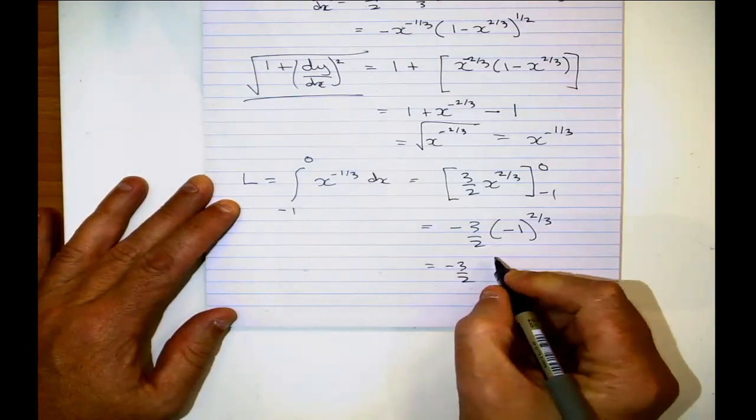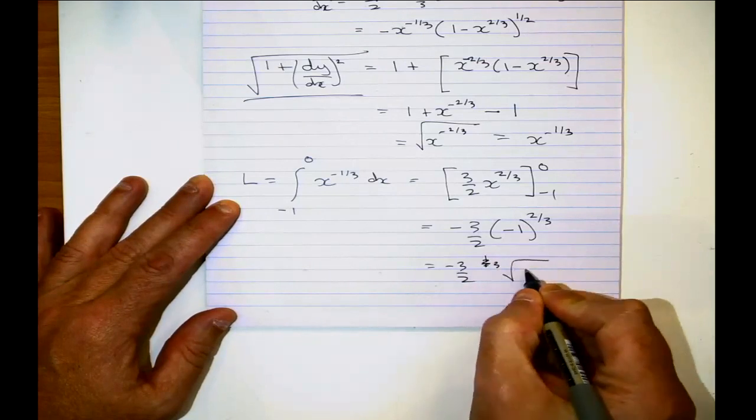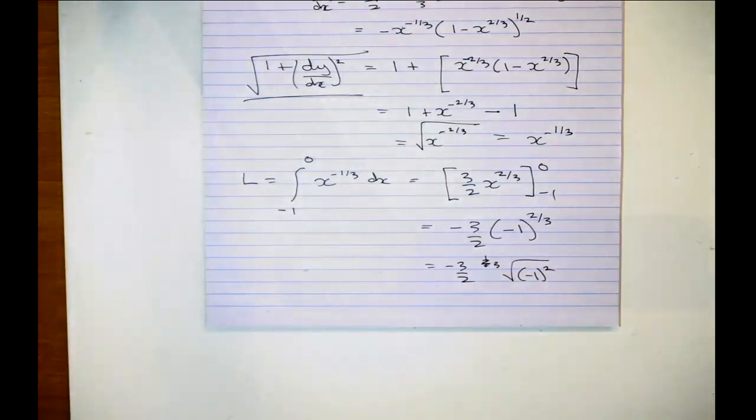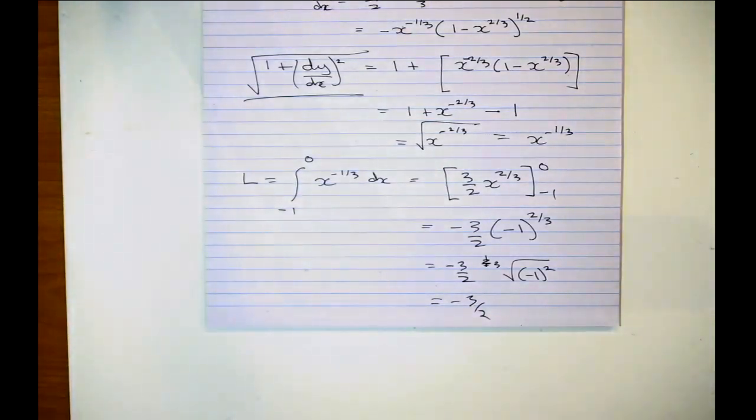You think of this as the cube root of minus 1 squared, which is, of course, 1, isn't it? Now, I've got a negative length. No, all that means is I've stuffed up taking a sign somewhere.